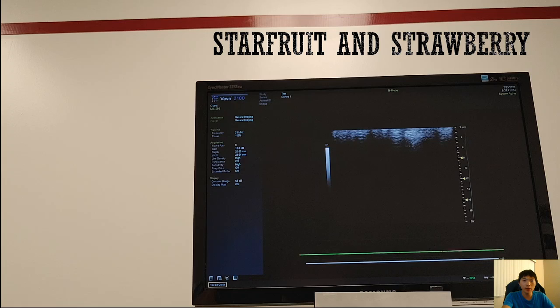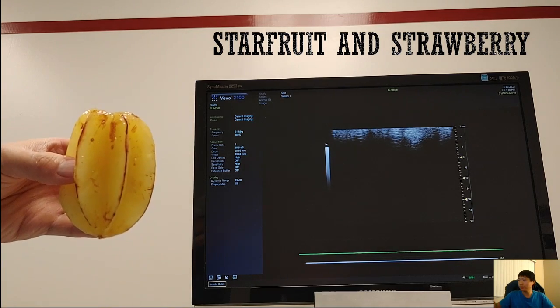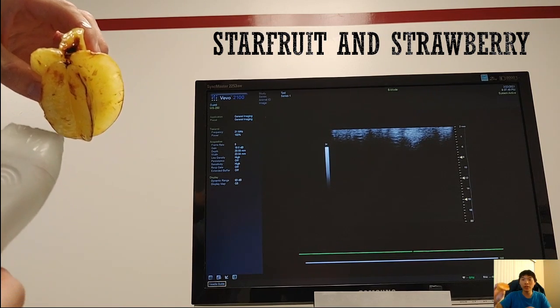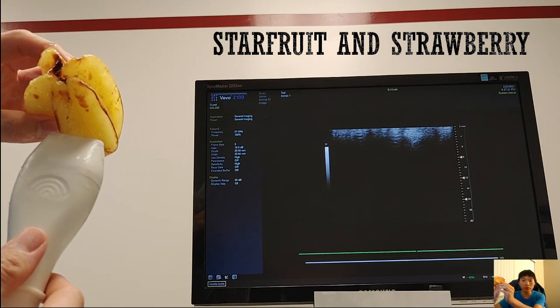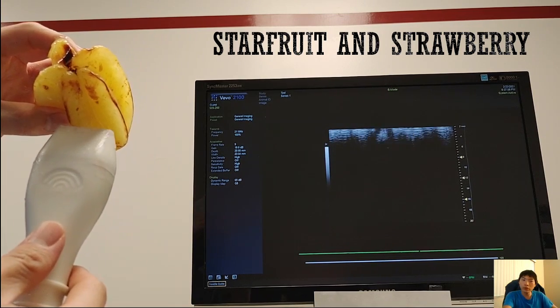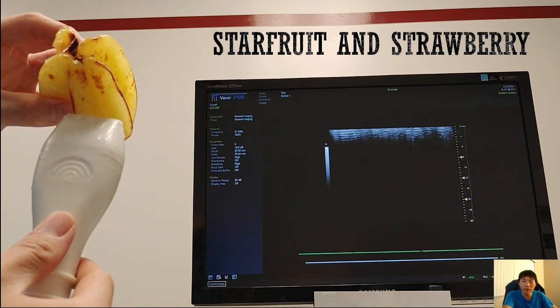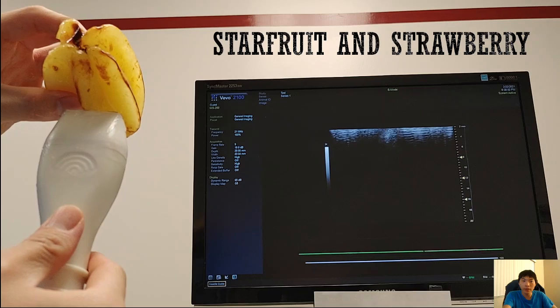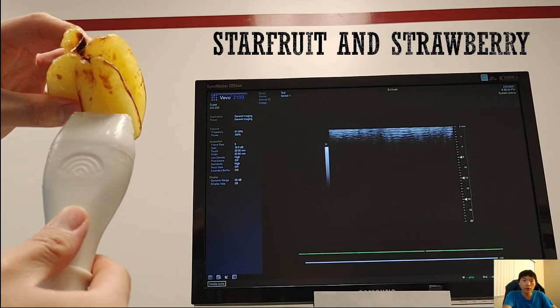Let's have a look at the starfruit first. So here's our starfruit. What I'm doing is imaging one of the fins of the starfruit. You can see here, as I move the transducer across one of the fins, the shadow of the fin moving left to right as I move across.